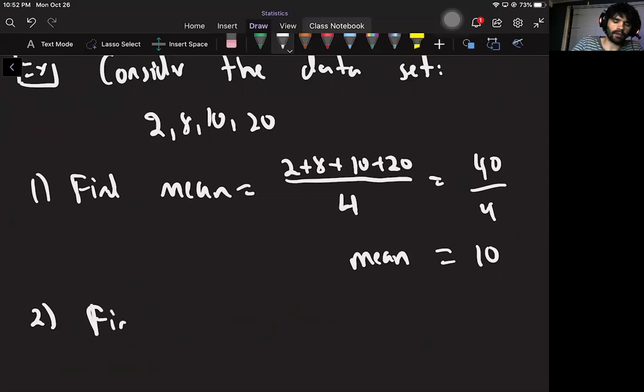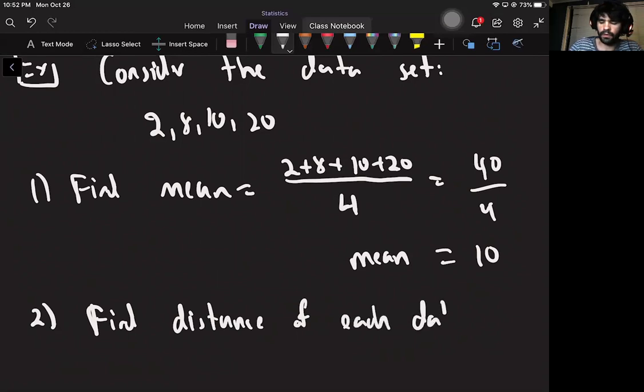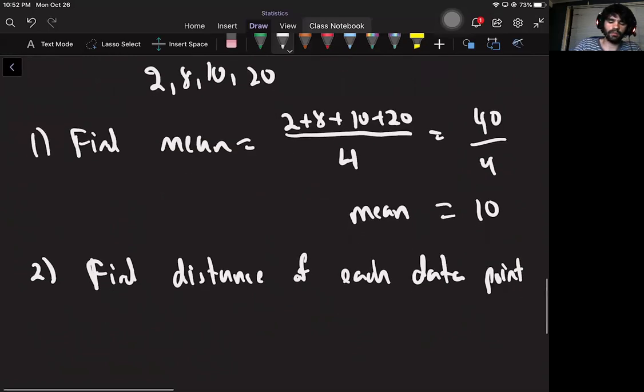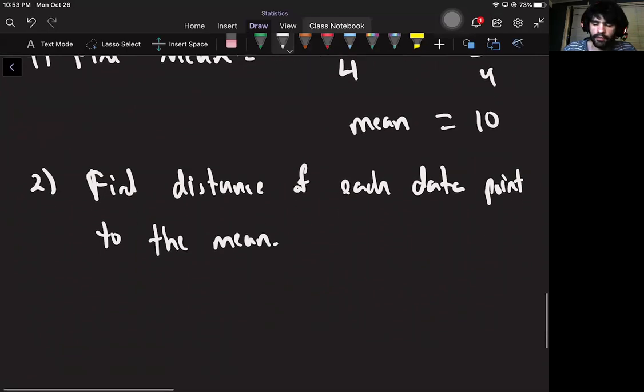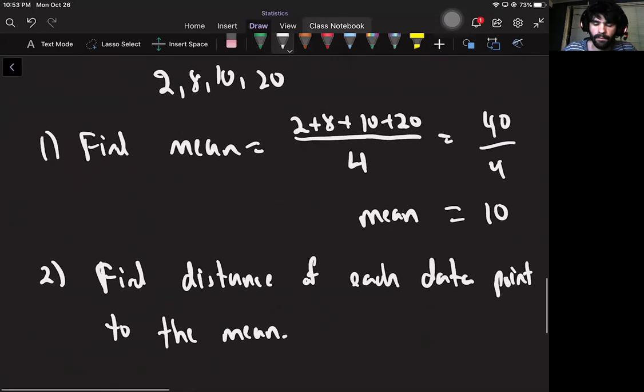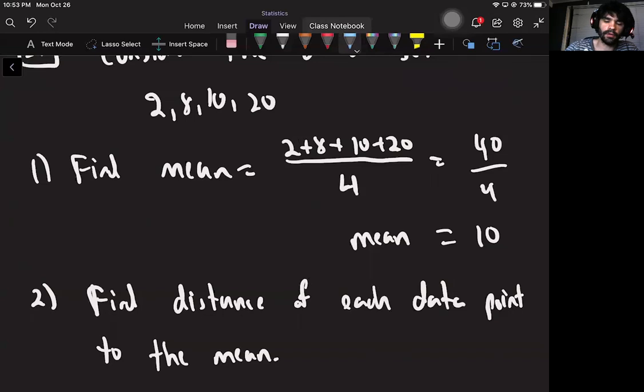So we're going to find the distance of each data point to the mean. You might not have thought about what distance is, but it's really just about subtracting numbers. So how far is 2 from 10? For example, 2 is the first data point, and the 10 is the mean.